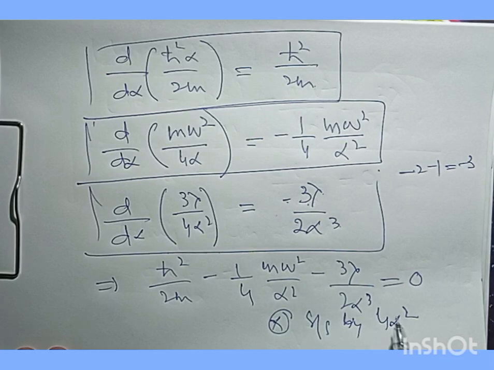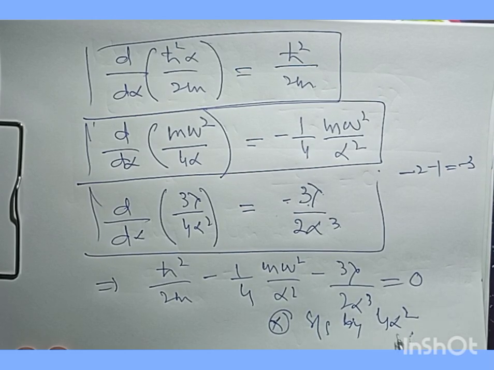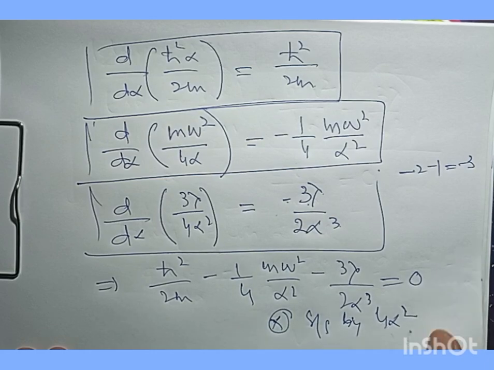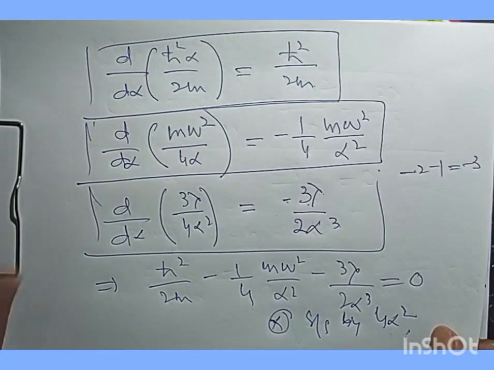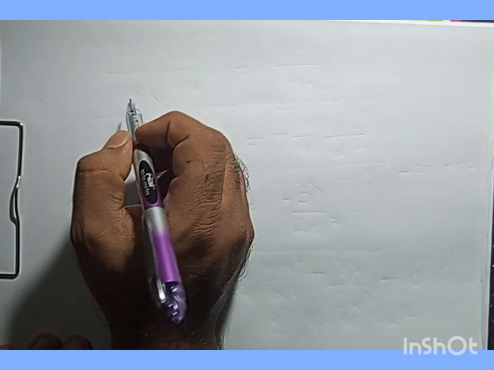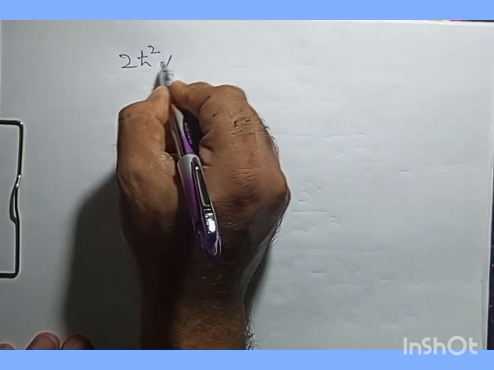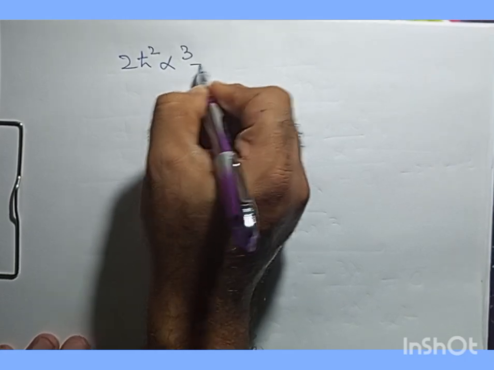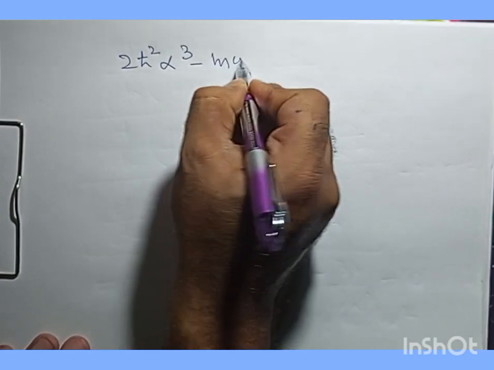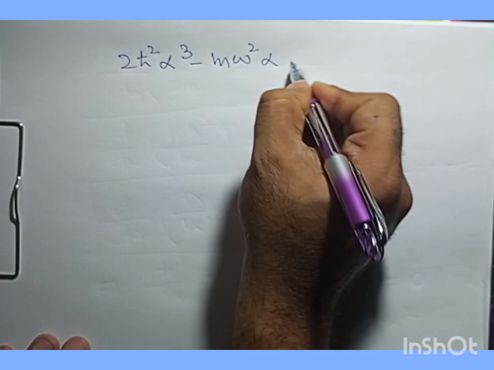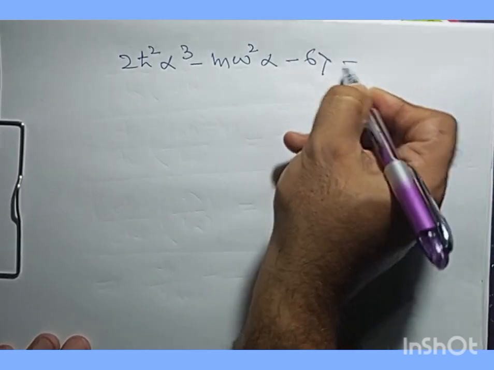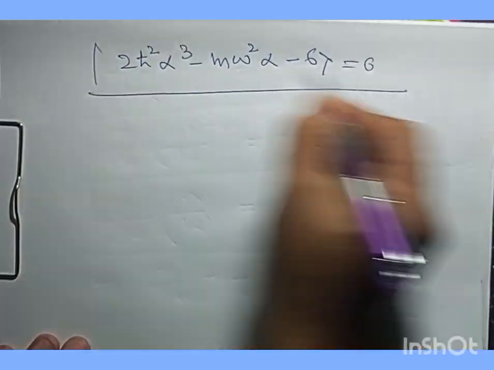So multiplying this whole equation with 4 alpha square, you can check it, we will get 2h bar square alpha cube minus m omega square alpha minus 6 lambda is equal to 0. This is what we will obtain.